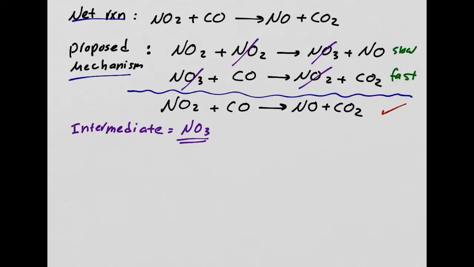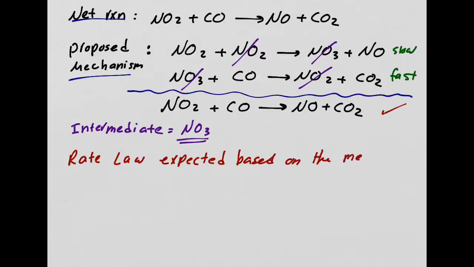Now what we want to do is write the rate law. I'm just going to write this down. We want to write the rate law expected based on this mechanism. Okay, so we have a proposed mechanism and we want to write the rate law based on it.